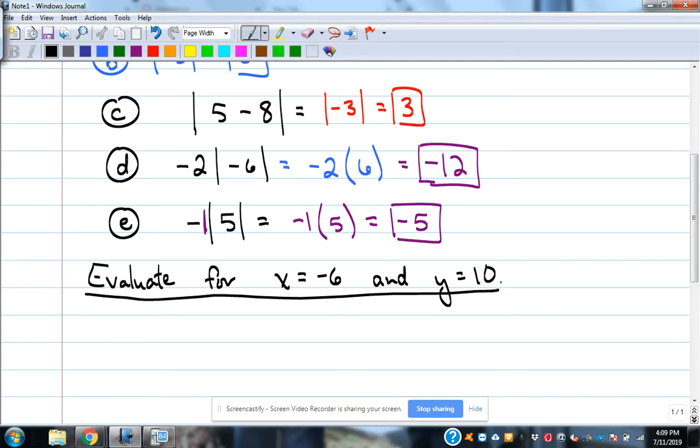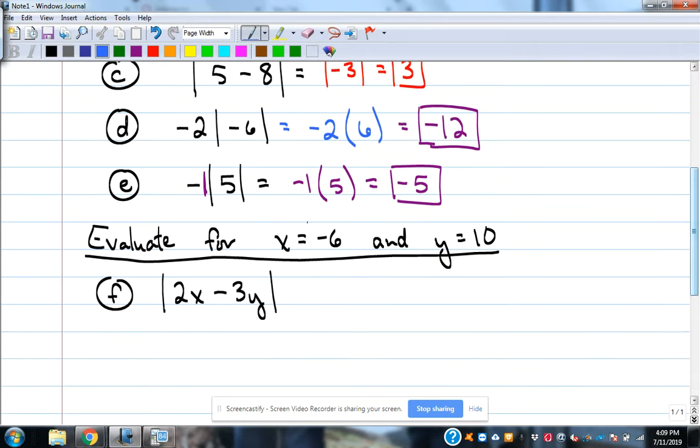Remember, evaluate just means find the answer, work this out, get the answer to it. And they might have something like absolute value of 2x minus 3y, like that. And our job is to evaluate that using what they told us for x and y. So we're going to plug those in the right spot.